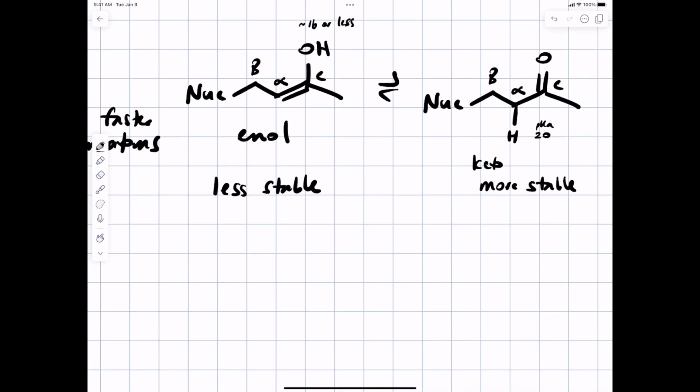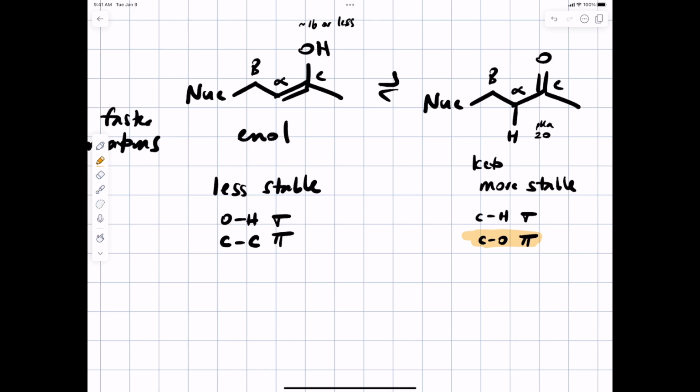There's other issues here, and that's comparing bond stability. So over here, you have an oxygen-hydrogen sigma bond and a carbon-carbon pi bond. Over here, you have a carbon-hydrogen sigma bond and a carbon-oxygen pi bond. It turns out the major effect is that the carbon-oxygen pi bond is quite a bit more stable than the carbon-carbon pi bond, again owing to oxygen's electronegativity.